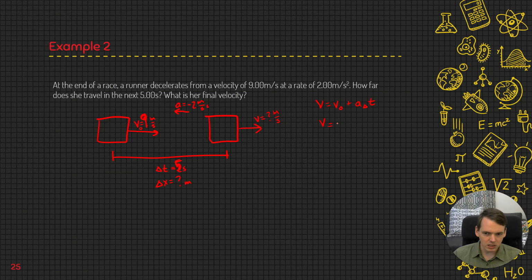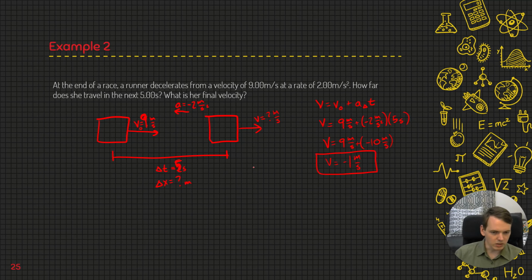So V is equal to 9 meters per second plus negative 2 meters per second squared times 5 seconds. V is equal to 9 meters per second plus negative 10 meters per second. V is equal to negative 1 meter per second.